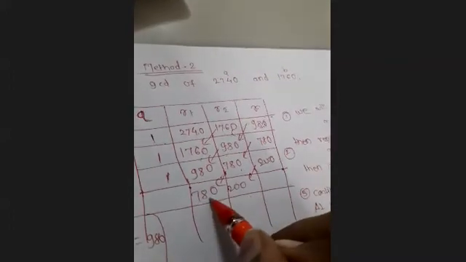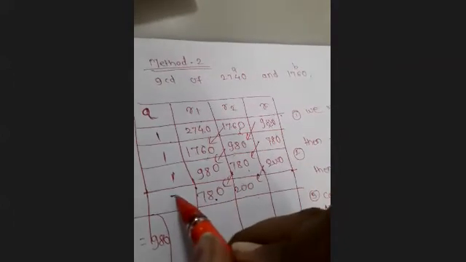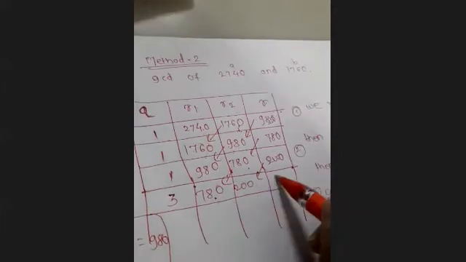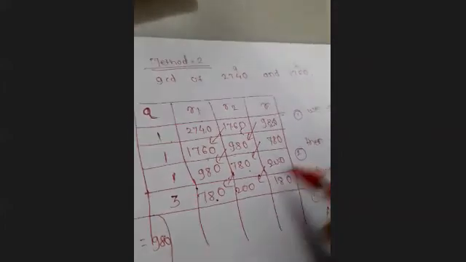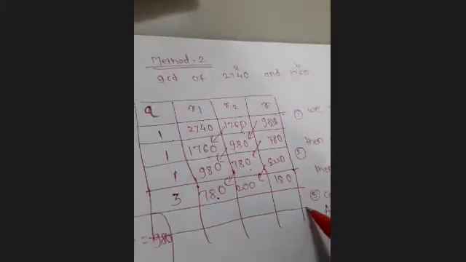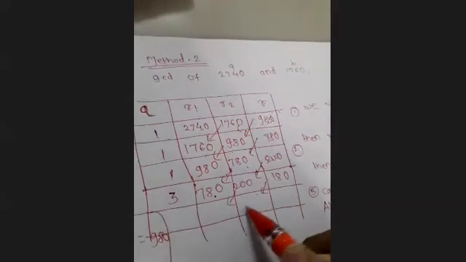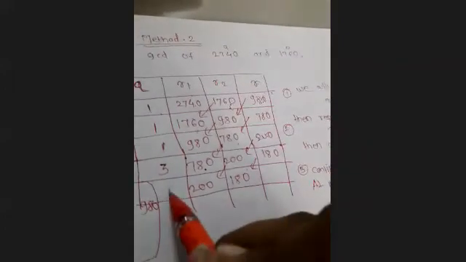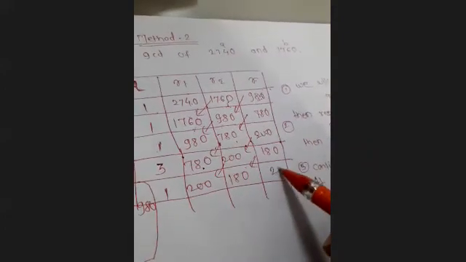200 से 780 को divide करेंगे. So we can take 3. Minus 600 will be 180. Now replace the values: 180, 200. 200 minus 180 ones, the remaining will be 20.